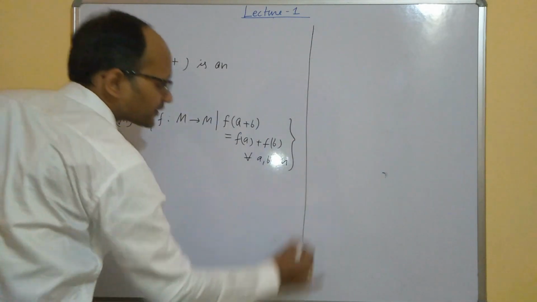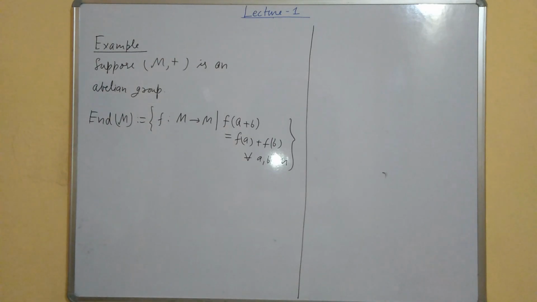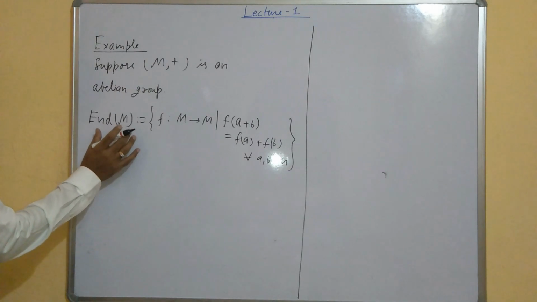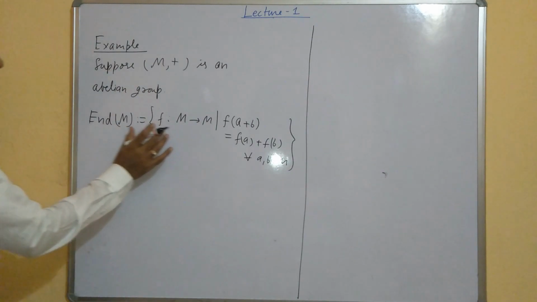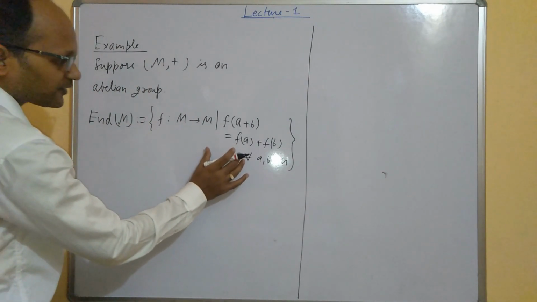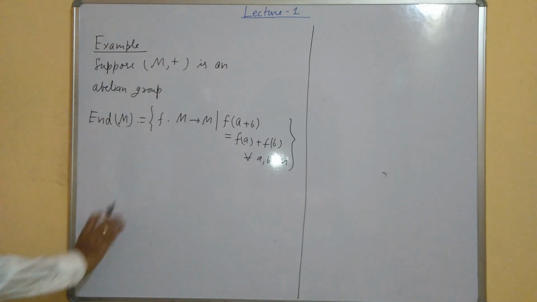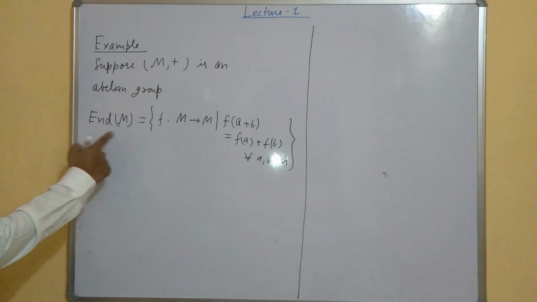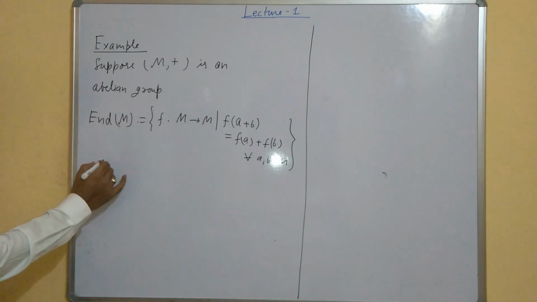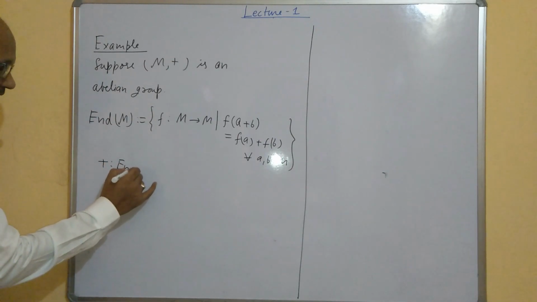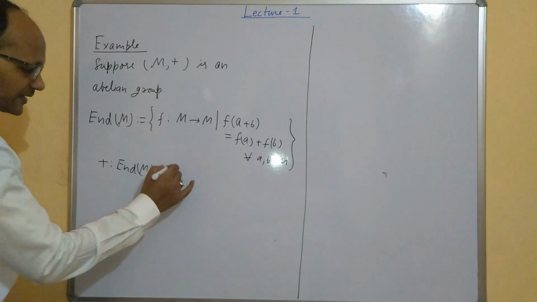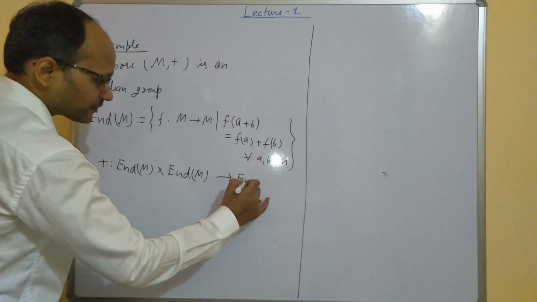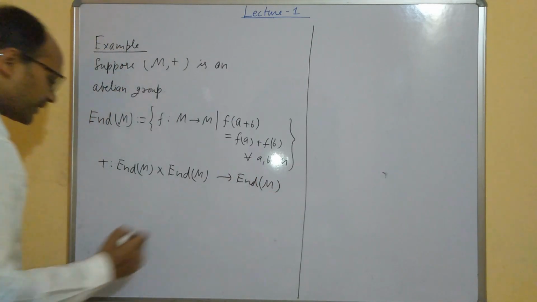So let us think like this. Because we know that the sum of two homomorphisms is again a homomorphism, and the composition of two homomorphisms is again a homomorphism, we can have two operations on this set. So define an operation plus from End M cross End M to End M as follows.